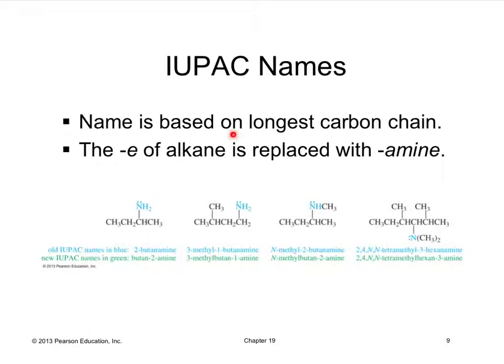For IUPAC names, the name is based on the longest carbon chain. The e of the alkane is replaced with amine. So here it's 4, so it's butan-2-amine. This is still butane, so it's 3-methylbutan-1-amine. This is still butane, and it's N-methylbutan-2-amine.